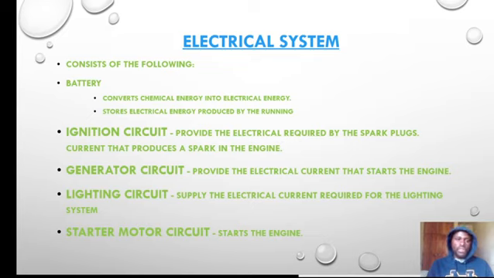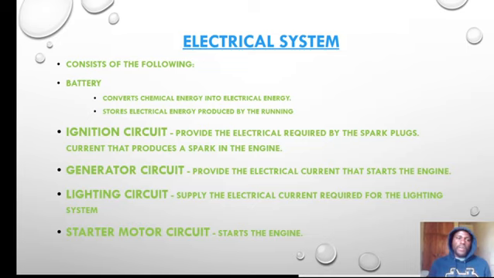It also stores the electrical energy produced by running. So as the engine runs, it will produce power, and the power will be stored by the battery. As the tractor moves, it will produce power that will be stored for use later inside the battery. So it converts chemical energy into electrical energy, and also stores the electrical energy produced by the running of the engine.